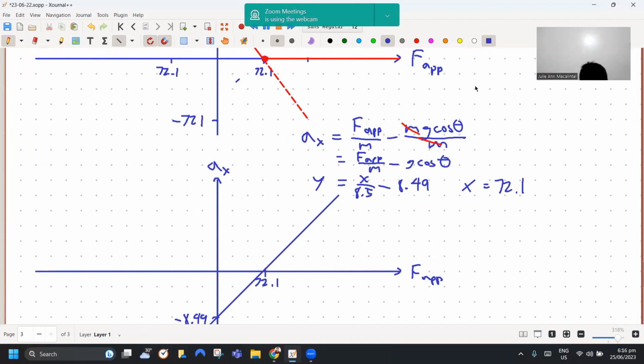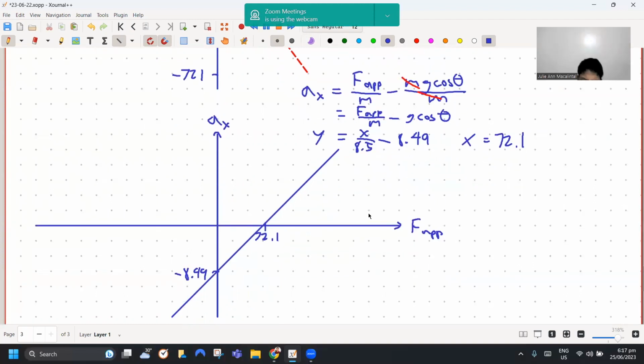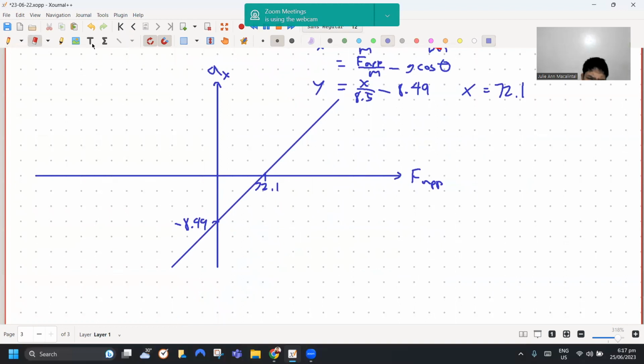So, yung graph ng acceleration versus F applied, that's only yung line na yan, that's only going to be true for F applied greater than 72.1. Okay, so x is less than 72.1, tama.